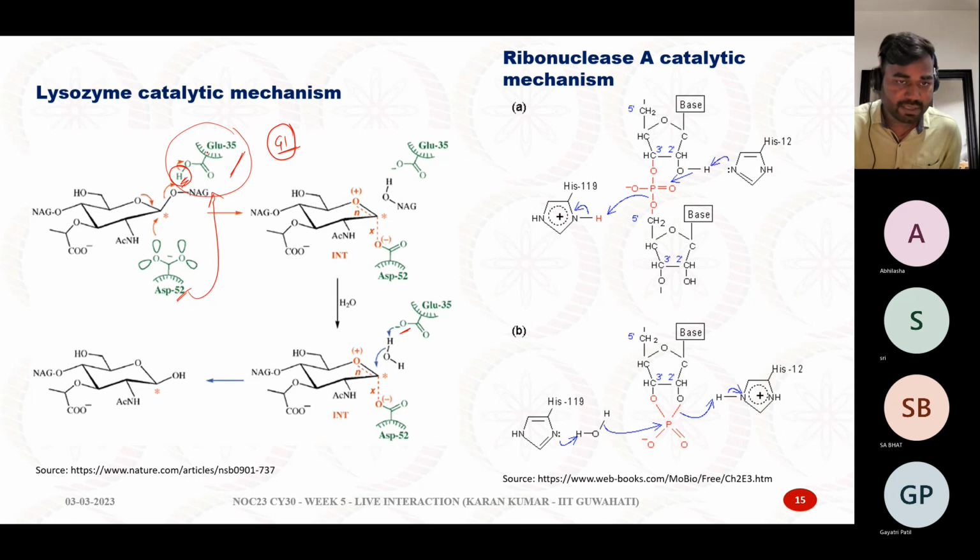When you have increased the pH, glutamic acid will not be able to give away its proton, and this increase in pH will interfere with the catalytic mechanism. That is why the optimum pH is important for any particular protein, because the catalytic efficiency depends on the pKa value, and that is how the active site is able to catalyze a reaction.